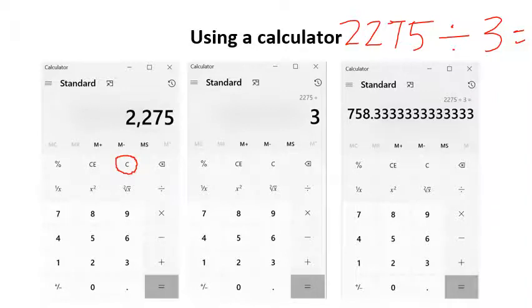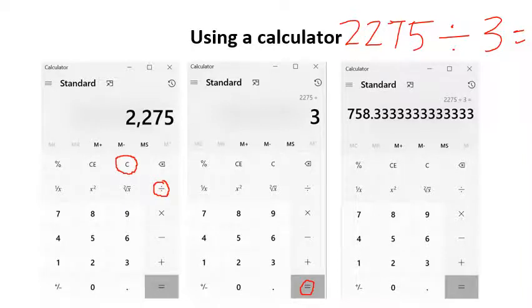That clears anything that you've done in the past and makes sure it doesn't corrupt this number sentence. So press the C button first, then enter your numbers. 2275 divided by 3, then my equals symbol, and then it gives me my answer.